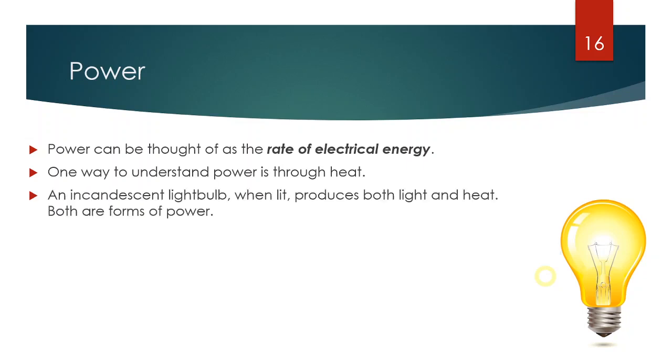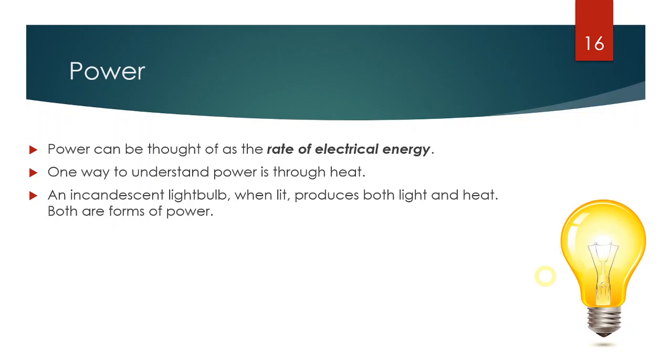So an incandescent light bulb, when lit, produces light and heat. Both of those are forms of power. Okay, so when we power up a light bulb, we use that term a lot. You power up the light bulb, it is producing light. And an incandescent light bulb, I specifically say an incandescent light bulb, it's actually very inefficient.